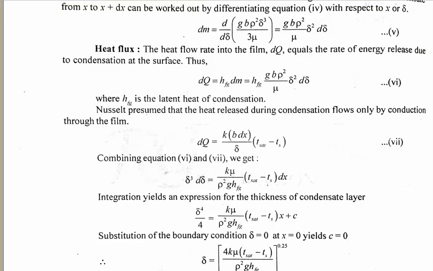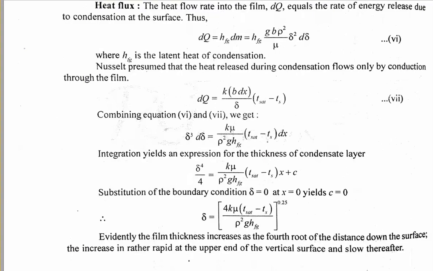Substitution of the boundary condition del is equal to 0 at x is equal to 0 yields c equal to 0, and the equation will form as del is equal to the fourth root of 4 k mu into the temperature difference T saturation minus Ts into x by rho square g h.